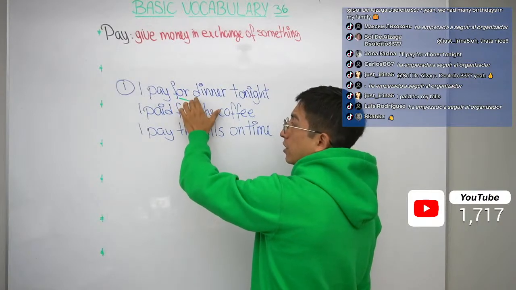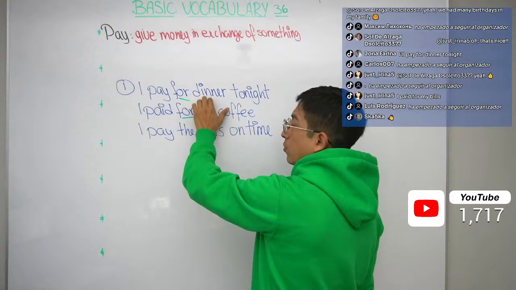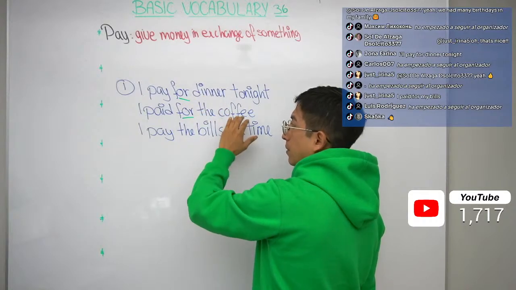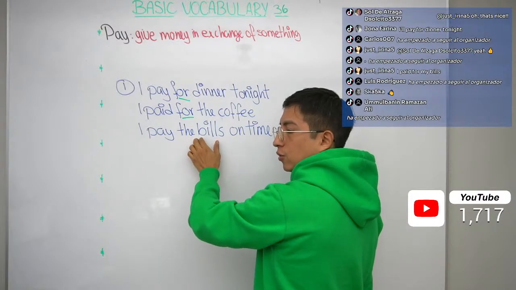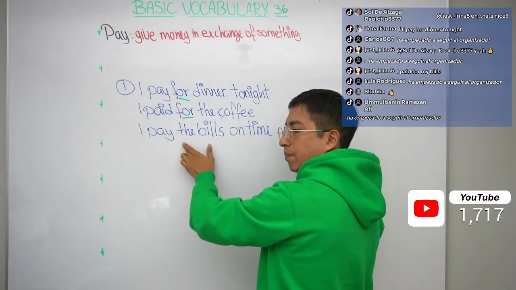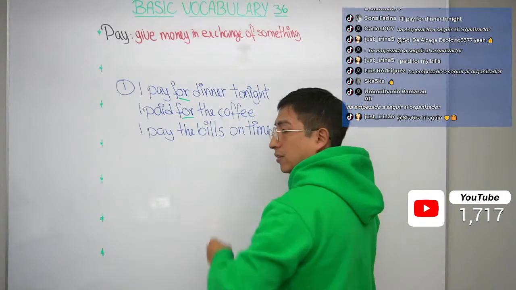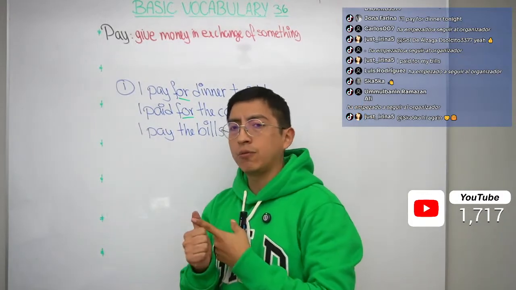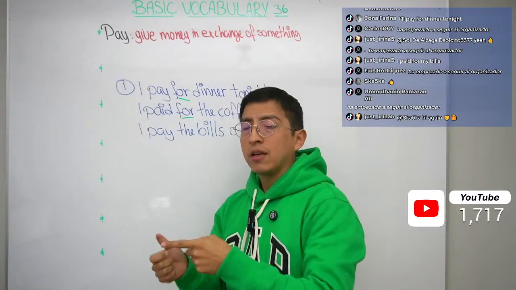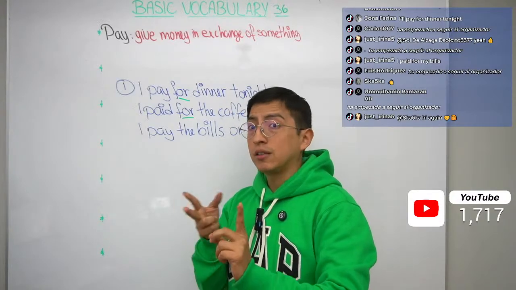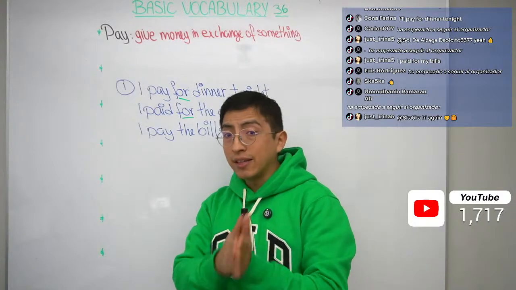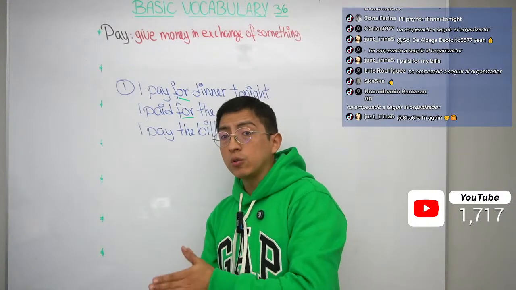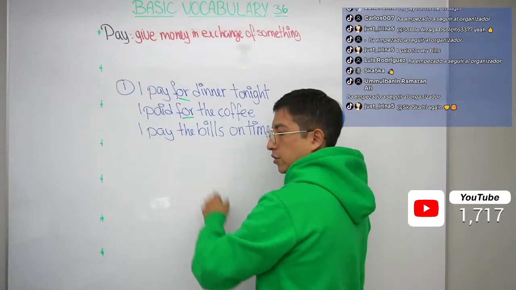We're talking about products: I pay for dinner, I pay for the coffee, but in the other case, we don't use for. I pay the bills. It means I pay maybe for the electricity service, I pay the water bill, the internet bill, the phone bill. In this case, we don't use the preposition for.